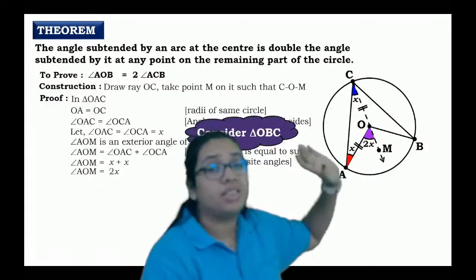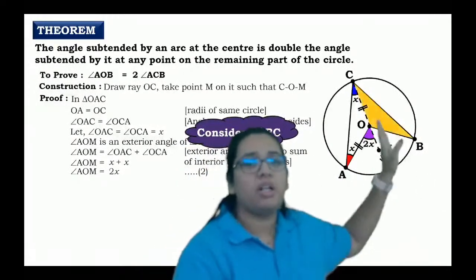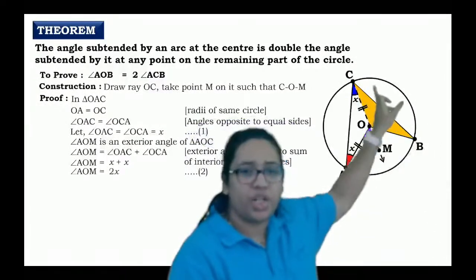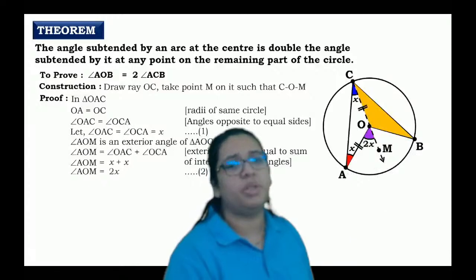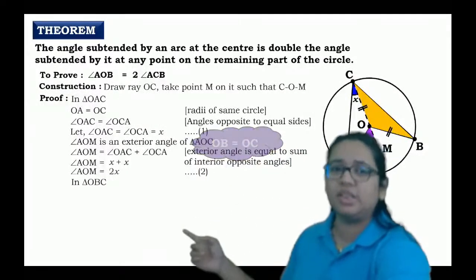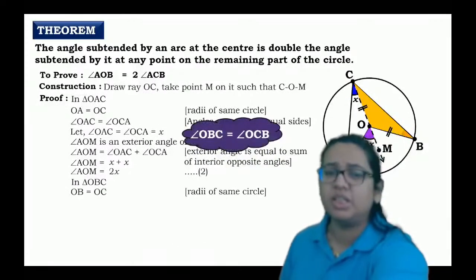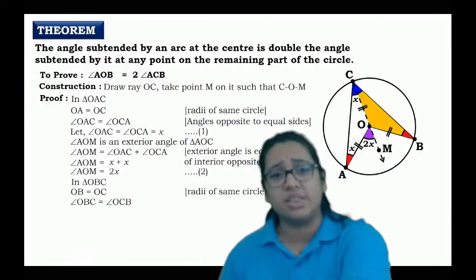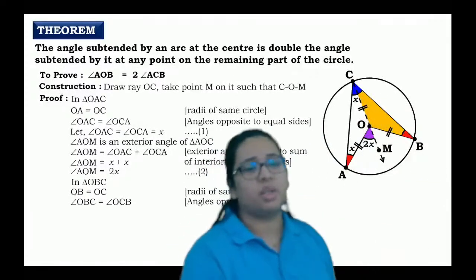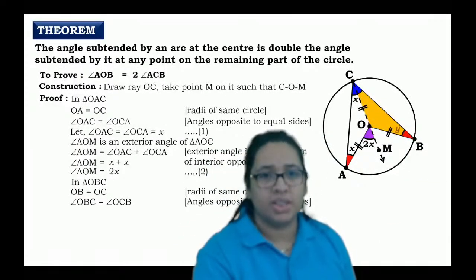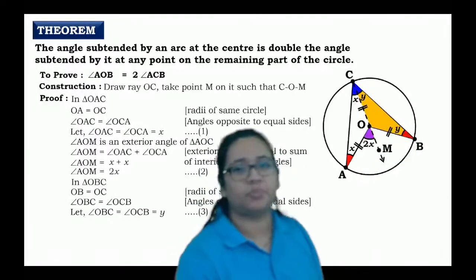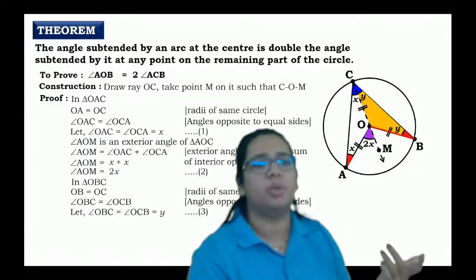As we discussed OAC, we can similarly comment on the triangle OBC. Again, in that triangle, OC and OB will be equal, the reason being radii of the same circle. Then its opposite angles will be equal again. Suppose it will be y.